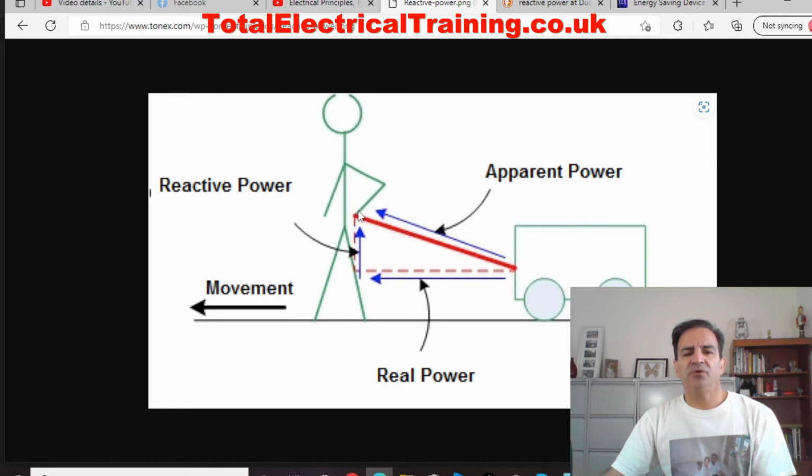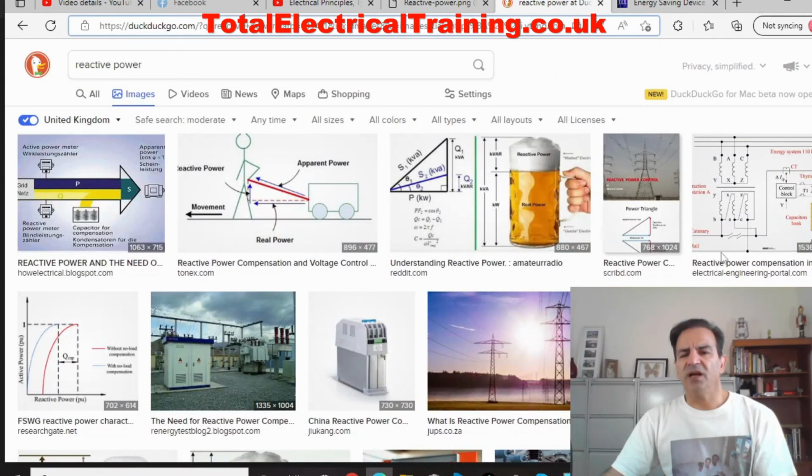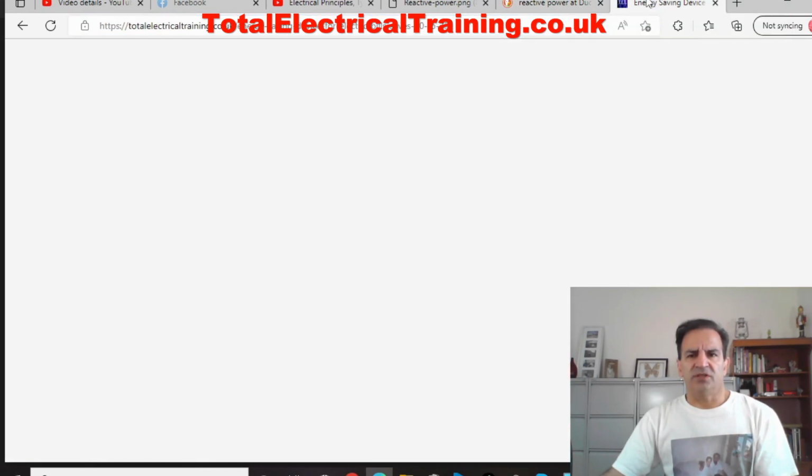The higher you pull your hands, the more energy you use, but you don't really need to pull that much for this cart. To pull that, you only need to pull it from here. The longer you stretch down your hands, the less energy you'll use. So that's another analogy. There are other analogies out there. You can have a look at them, but you get the gist.